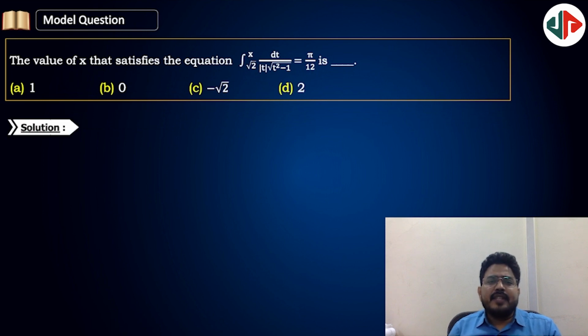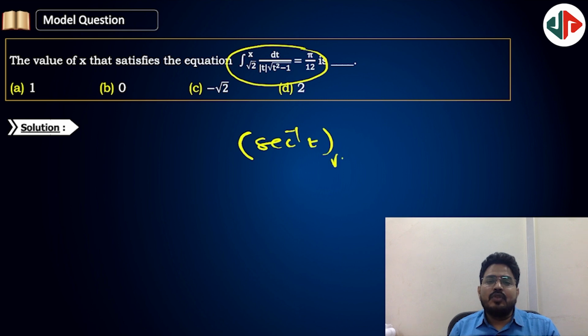The value of x that satisfies this equation is, what is this one? This is secant inverse of t with the limit root 2 to x, equal to pi by 12. So secant inverse of x minus secant inverse of root 2, that is pi by 4, is equal to pi by 12.